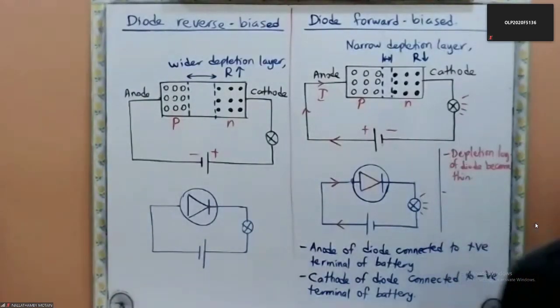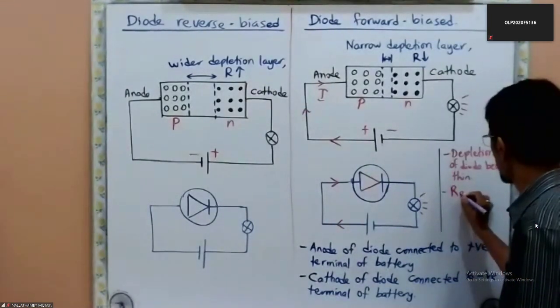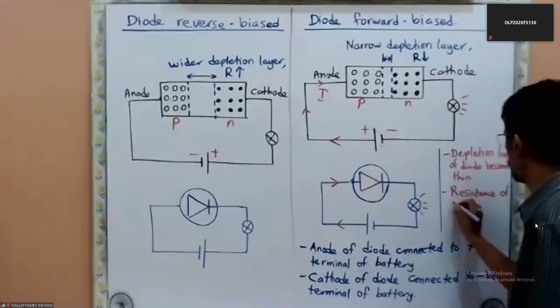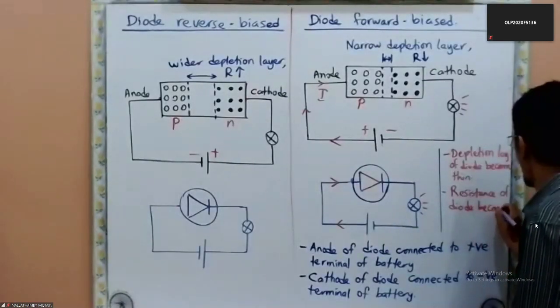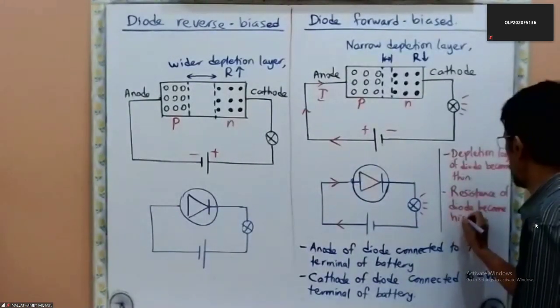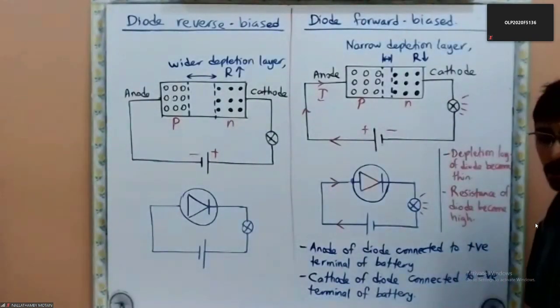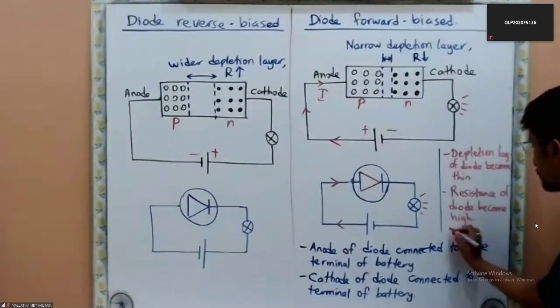Okay, depletion layer becomes narrow or thin. Resistance of diode becomes low.